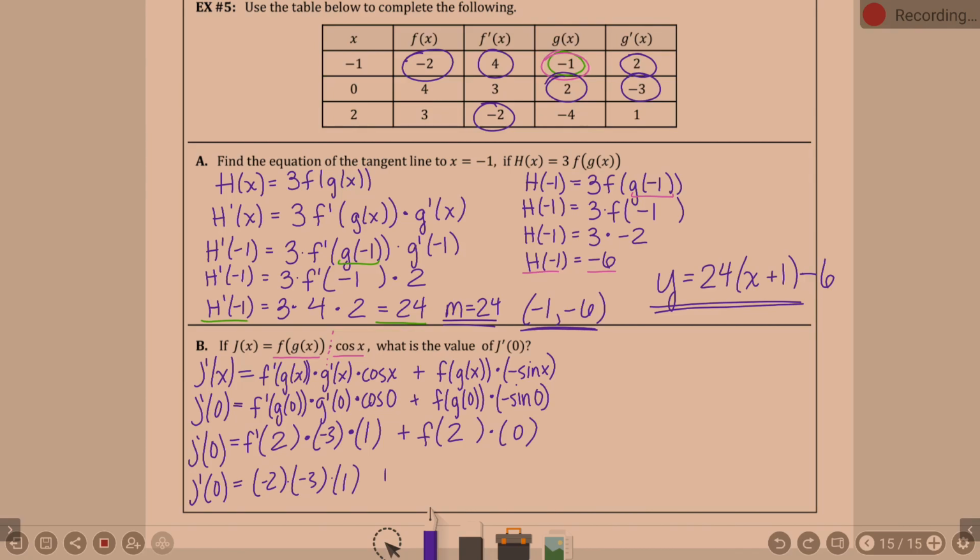On this last bit, officially it's f of 2, which is 3 times 0, which is why I say officially. Do you even have to do that part? No. Does your math match my math? I have positive 6. Negative times a negative is positive.